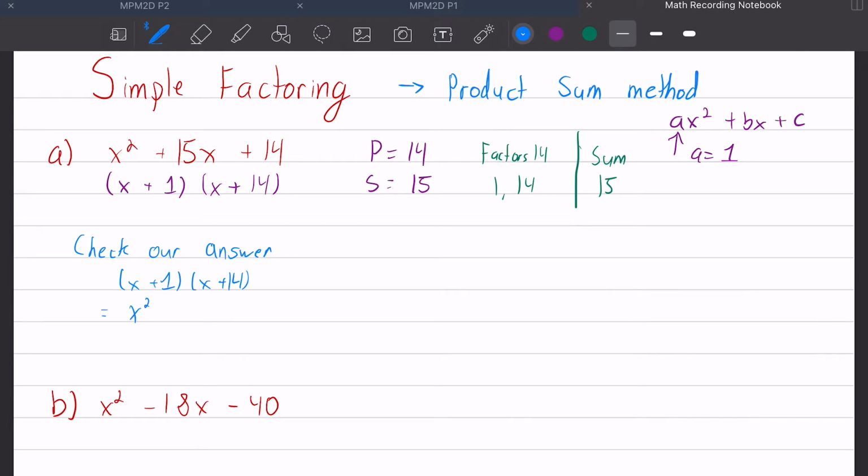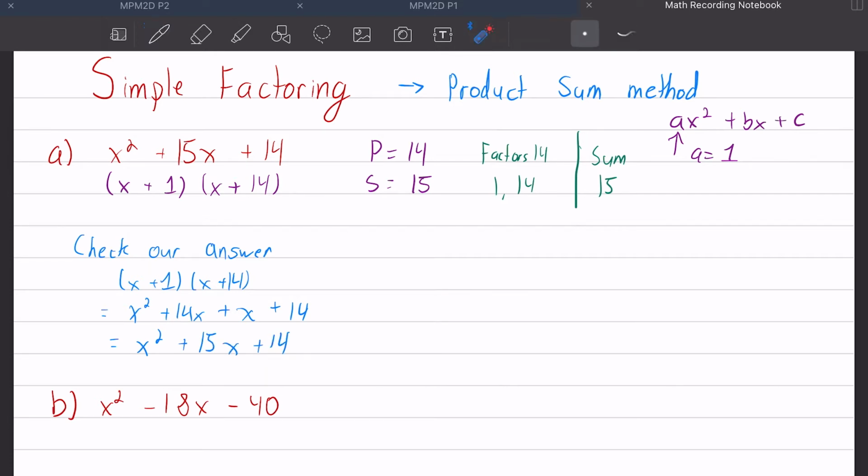Outside, x times 14 gives us plus 14x. Inside, x times 1 gives us x. And 1 times 14 gives us 14. Bring all the information together, and we get x squared plus 15x plus 14.